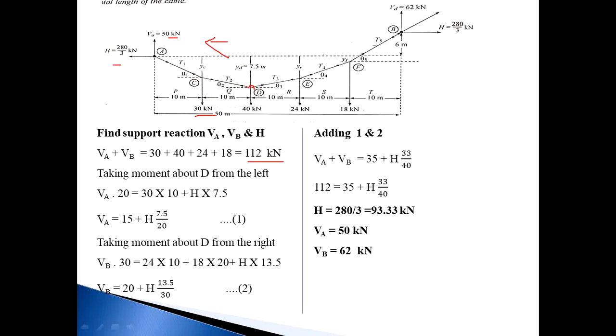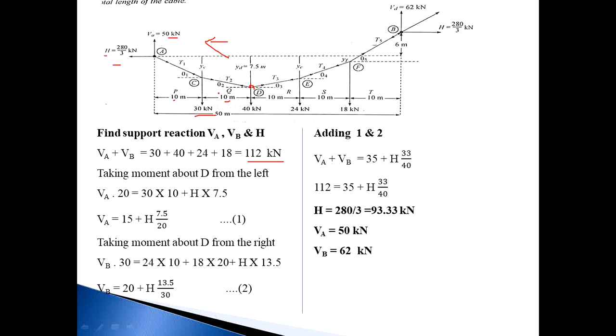With respect to D, the VA moment is clockwise, and the perpendicular distance from A to D is 20 meter, this 10 plus 10. So VA into 20 is equal to, then next, the moment due to the 30 kilonewton is anti-clockwise, 30 is a force and the perpendicular distance from this 30 to D is 10 meter. So 30 into 10.